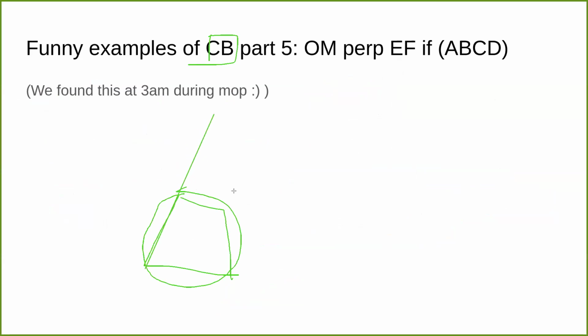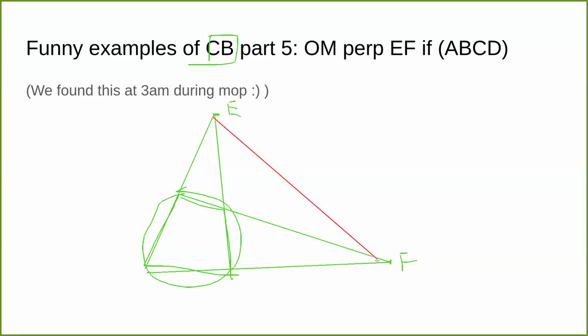Okay, here are some more examples of the Cayley-Bacharach theorem. So I claim that in a cyclic quadrilateral ABCD, if you extend this and this to meet at some points E and F, then you have the Miquel point.